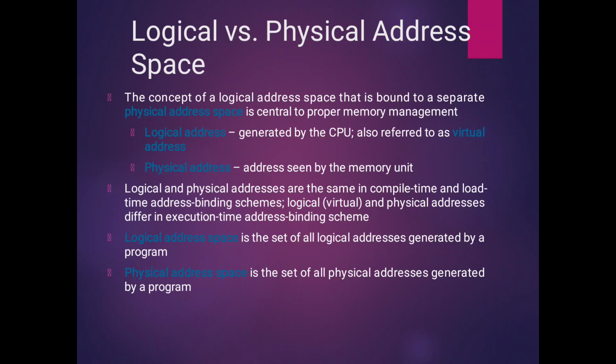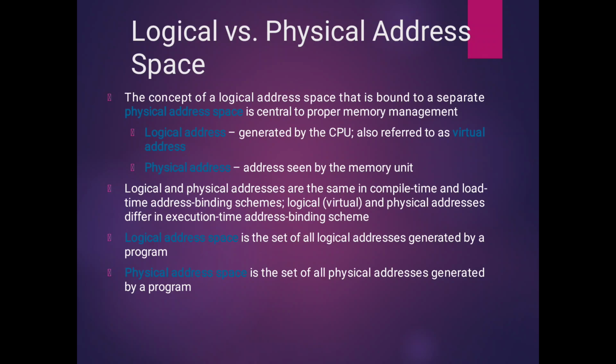The logical address is generated by the CPU, also referred to as a virtual address. The physical address is the address seen by the memory unit. The logical and physical addresses are the same in compile time and load time. The logical and physical addresses differ in execution time.